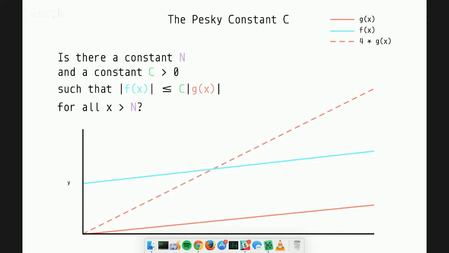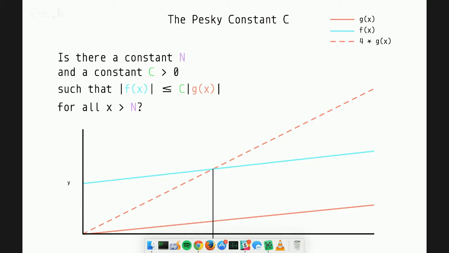So now let's look at the modified graph. If we overlay 4 times g of x onto this graph, there's obviously some point here that looks a lot like the point that we saw in that previous slide, where we were trying to look at f of x and g of x and figure out whether or not f of x was big O of g of x, and we had all those squiggly lines.